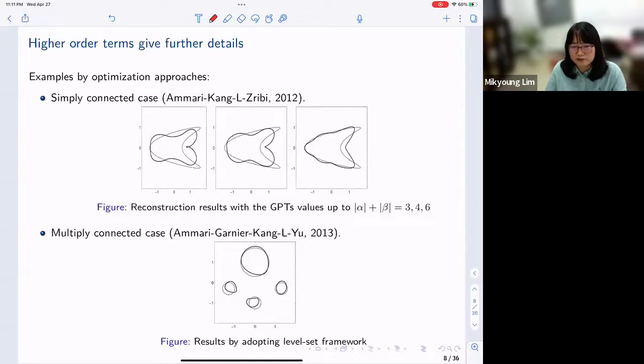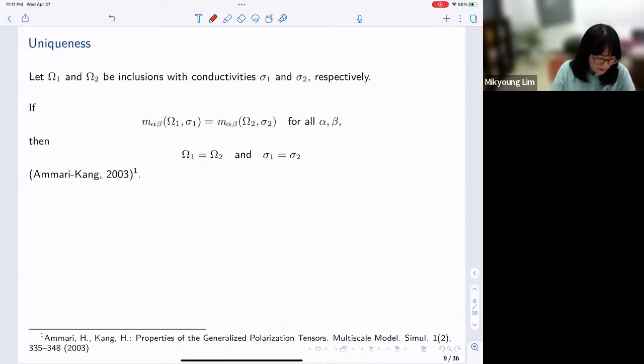With GPT values of higher order, the obtained solution catches finer details of the shape. And by adopting a level set framework, it works also for the multiply connected case. In fact, by knowing all of the values of GPTs, we can uniquely determine the shape of the inclusion and also the conductivity constant value.